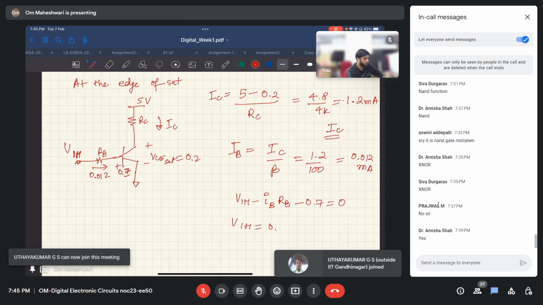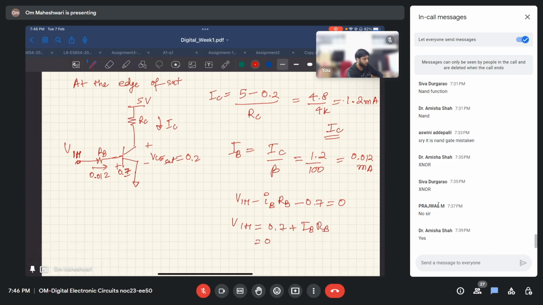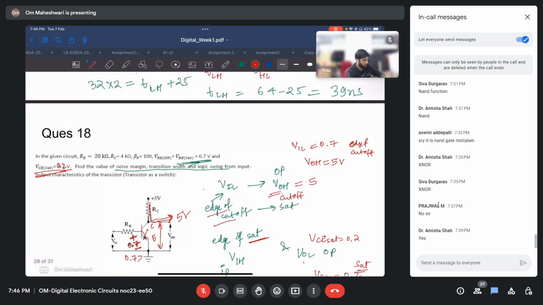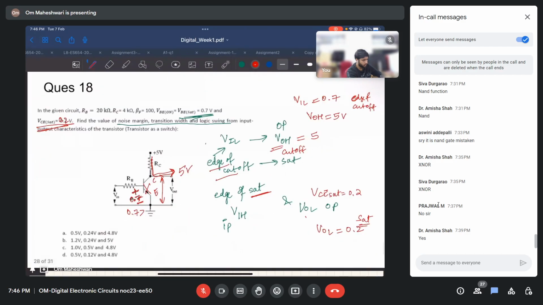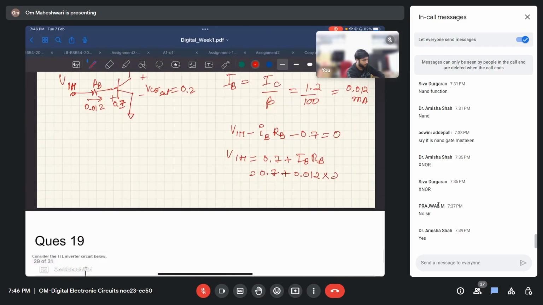VIH equals 0.7 plus IB RB. IB is 0.012 into RB, and RB is 20 kilo ohm. That will give me 0.7 plus 0.24, which is 0.94. So this is VIH.